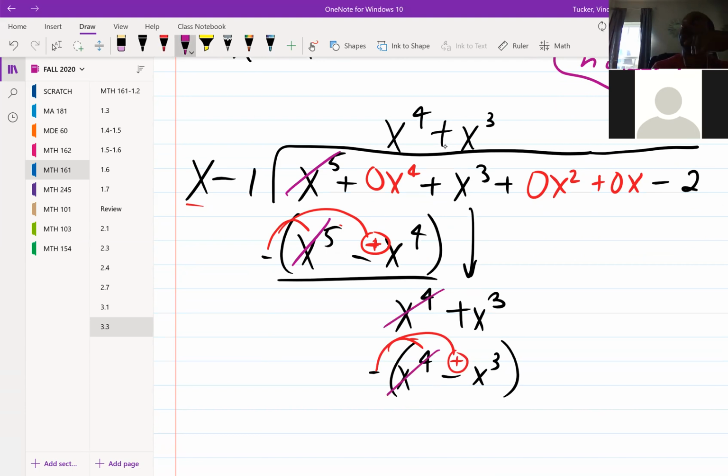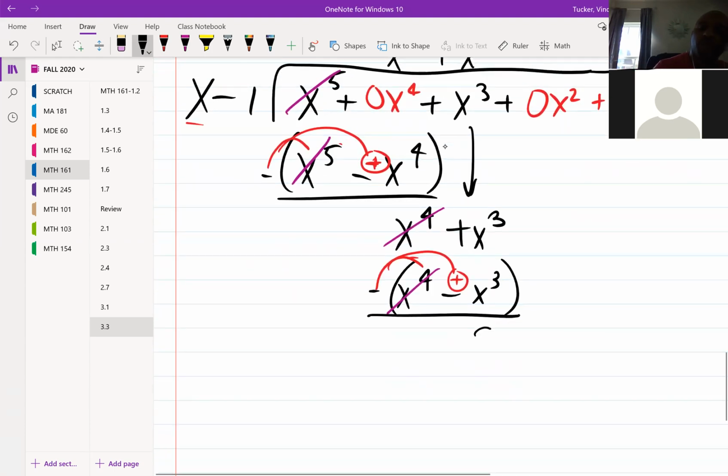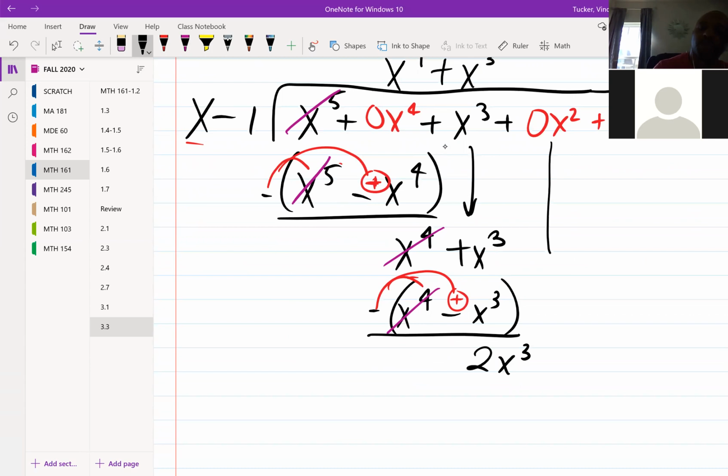They cancel. So x cubed plus x cubed will be 2x cubed. Bring down 0x squared.